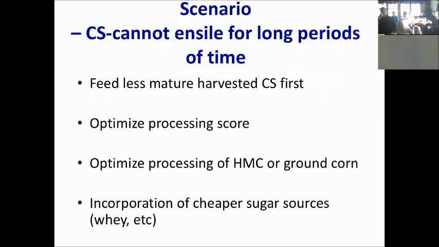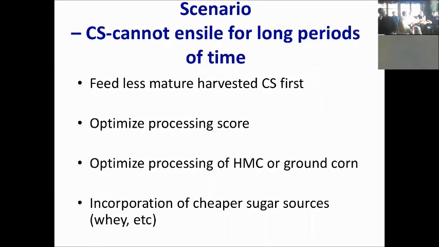And then the last thing is, what happens if you're in a scenario where you cannot ensile for a long period of time? You can't wait 7 or 8 months for this corn silage and high moisture corn to mature. Not a lot of good solutions here, just a few things. Obviously, you'd probably want to feed your less mature corn silage first, right?